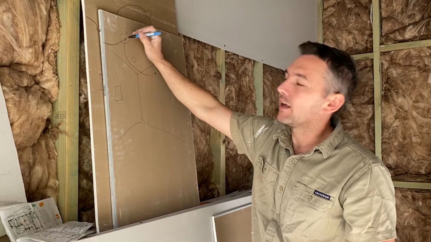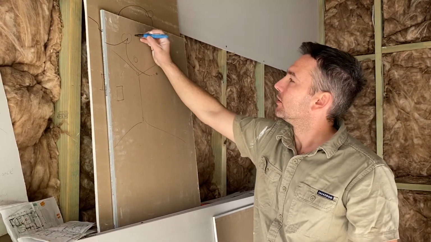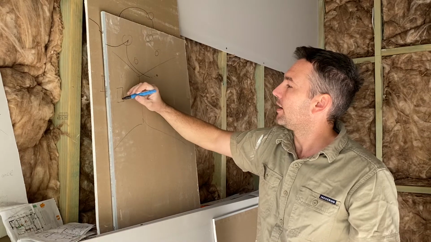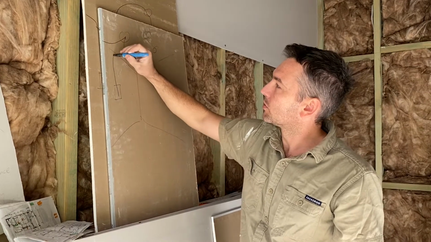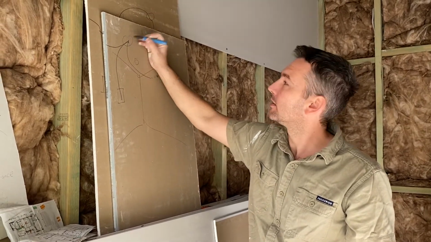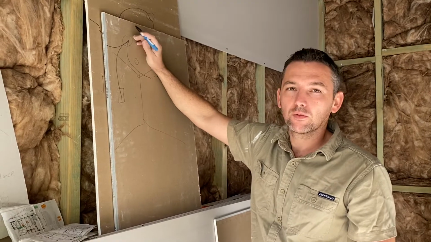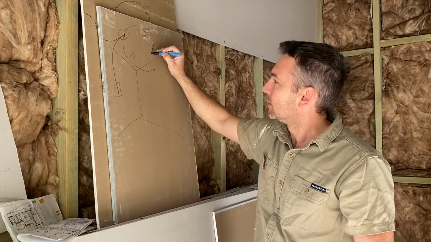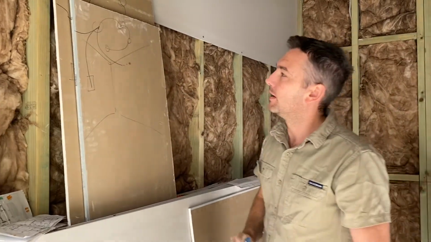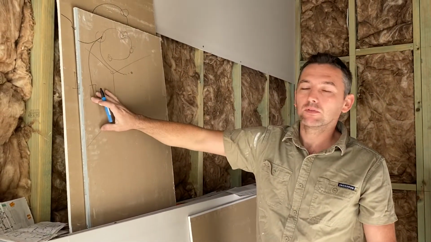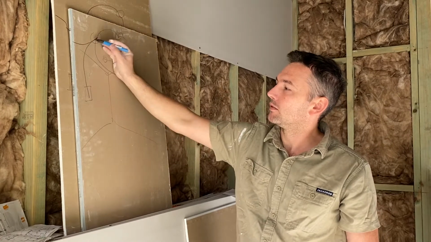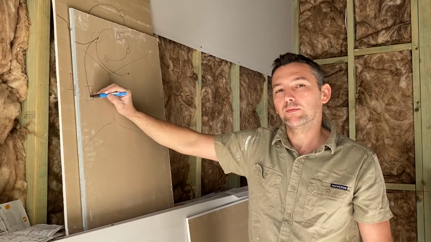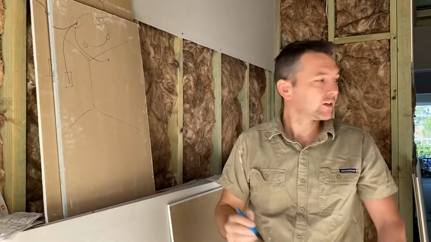Then at this first light, you have a 1.5mm twin cable that goes to the switch, and then you have your 1.5mm twin and earth that goes off and catches each light from there. You're using less cable and you're only having one twin cable coming down the wall. I'll show you an example of this.